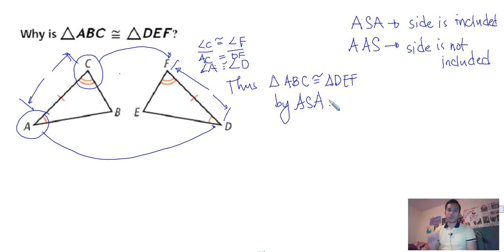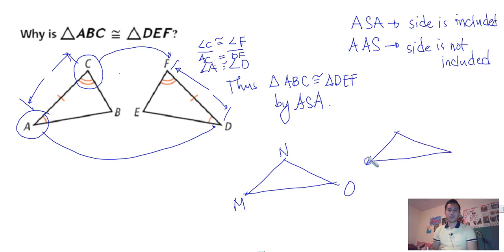I'll give you one example of AAS. Let us say I have two triangles, M, N, and O, and another triangle here, X, Y, Z. Let us say angle N is congruent to angle Y, and angle M is congruent to angle X. Now, the included side is here.